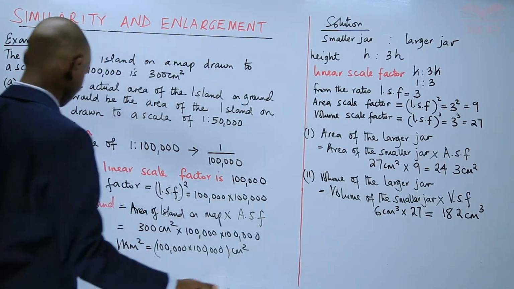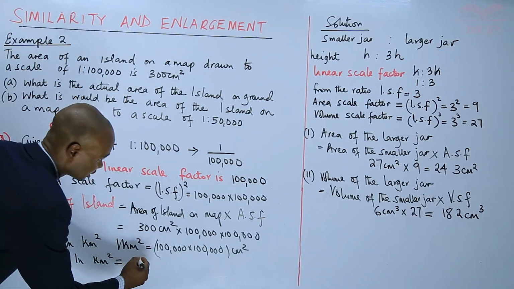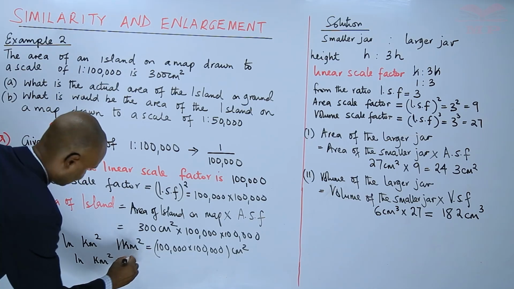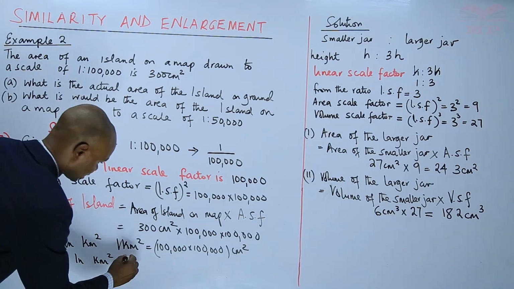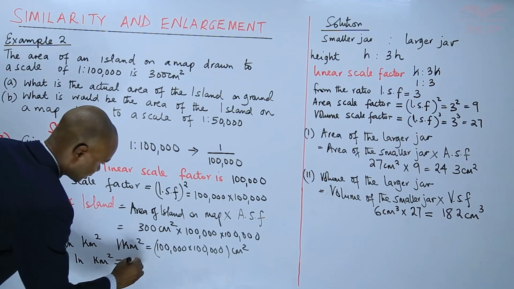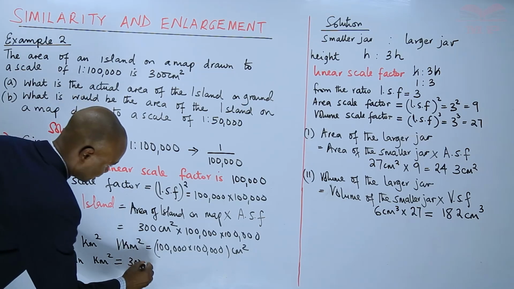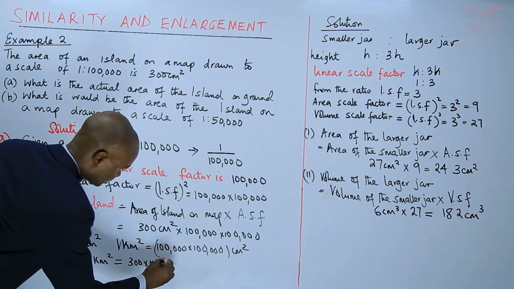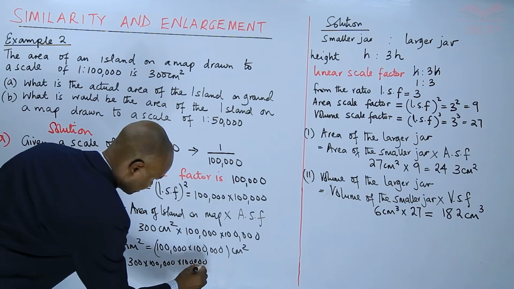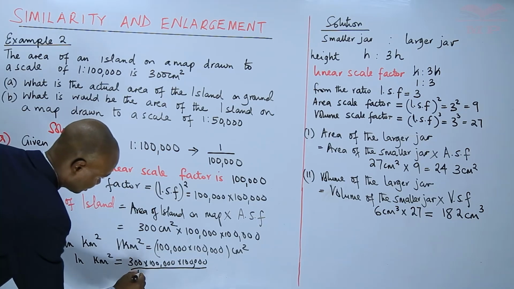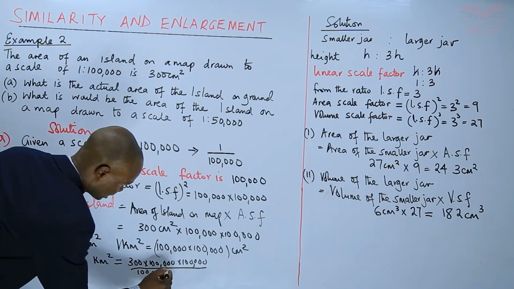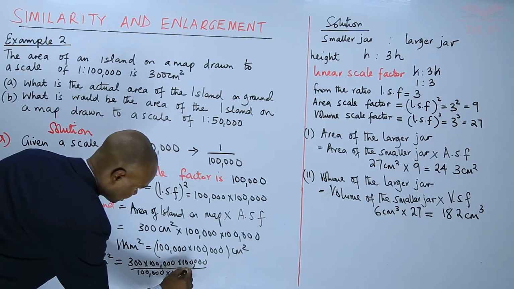It will still be correct, but in kilometers squared, it will be 300 times 100,000 times 100,000 divided by 100,000 times 100,000.